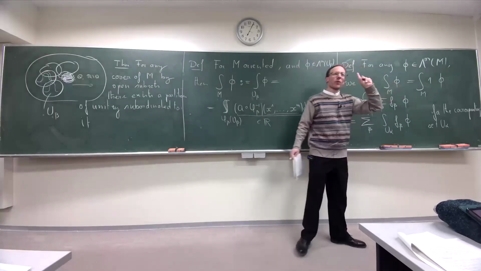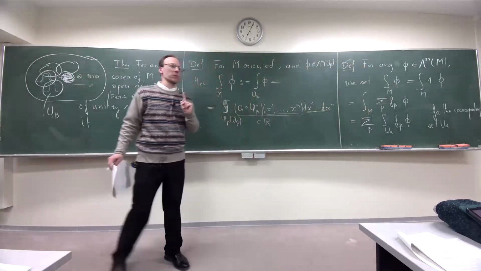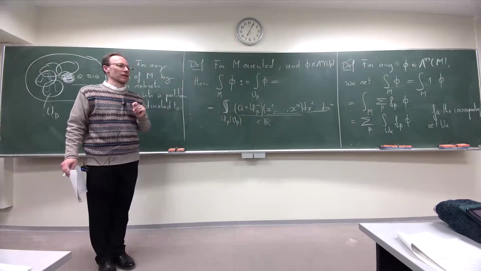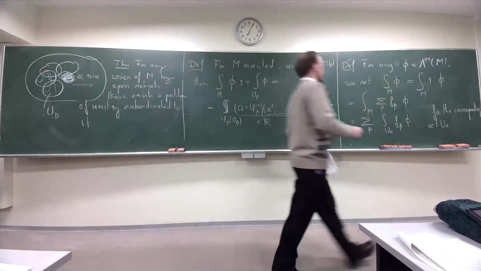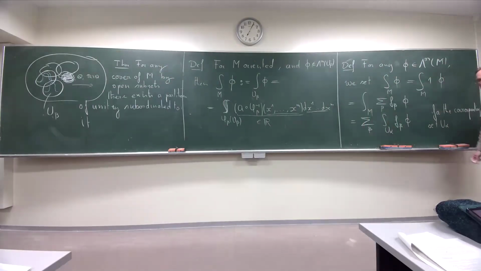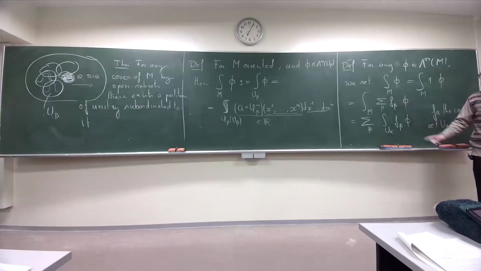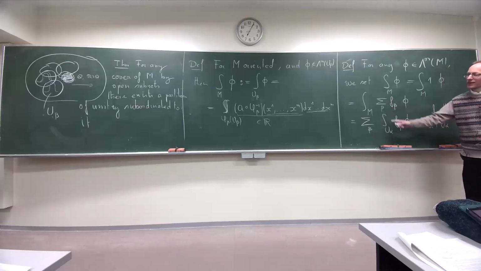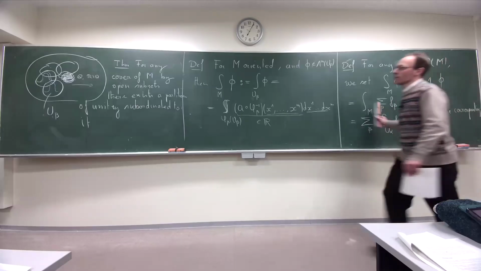There is still one point. Maybe you observed I didn't make one assumption: I didn't assume that the support is compact. So some of these supports could be very big, extended. So this is meaningful only if the integral converges absolutely. So I should write a remark.